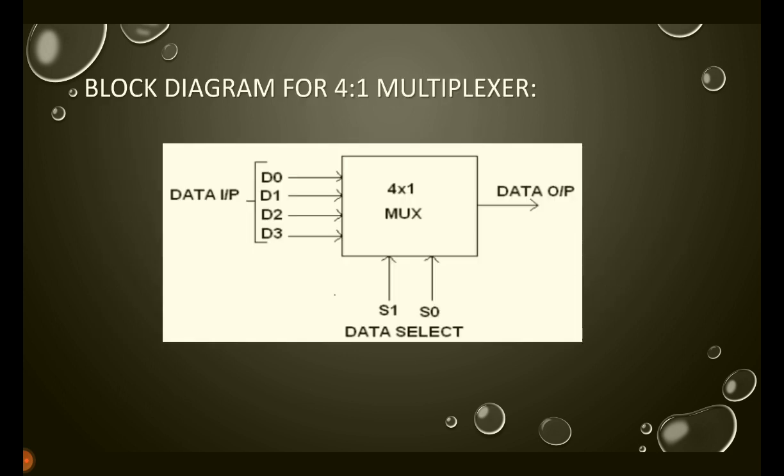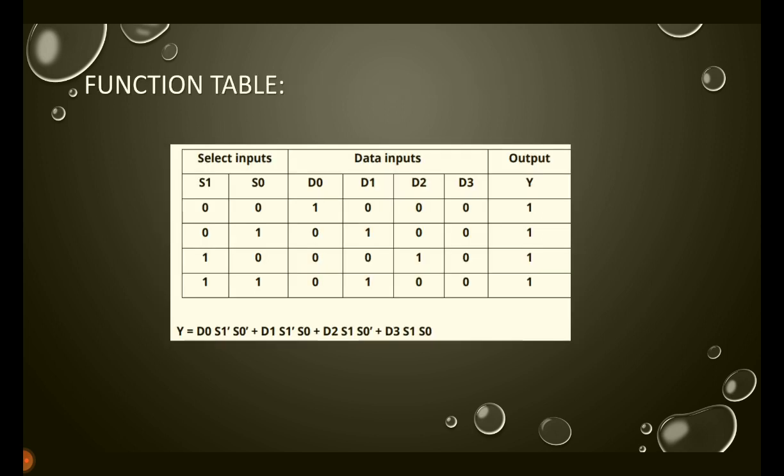Block diagram for 4:1 multiplexer. Here we have 4 inputs and 2 input selection lines, and we have 1 output line. So function table, here we have selection input, data input and output. So when I give both the selection inputs as 0, when I give input value for D0, we get output value as 1.